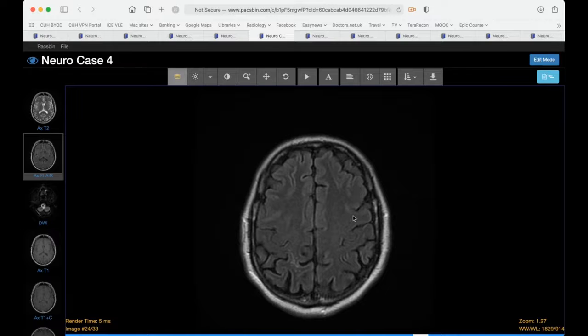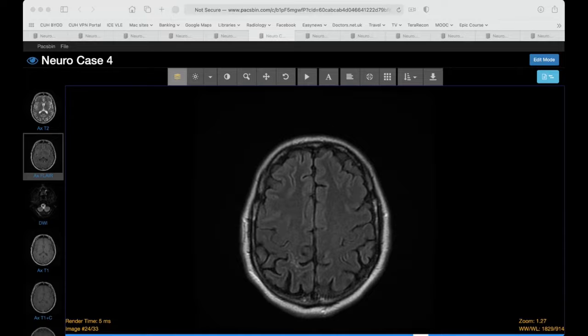And we've got an answer in already. So just a few more seconds. So is there some sort of odd tumor, a DNET in this case?